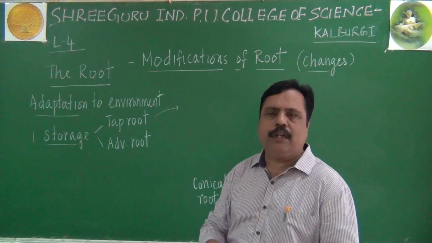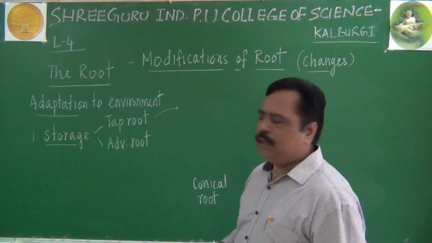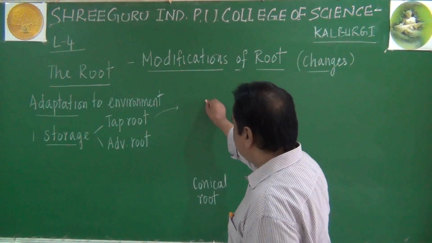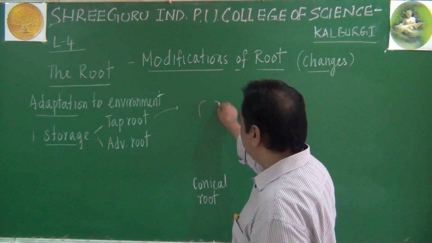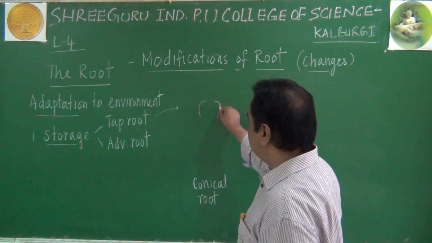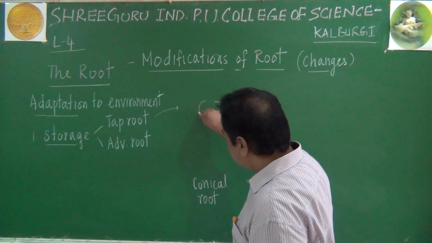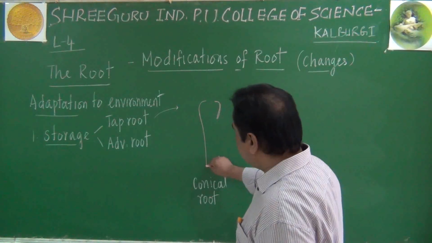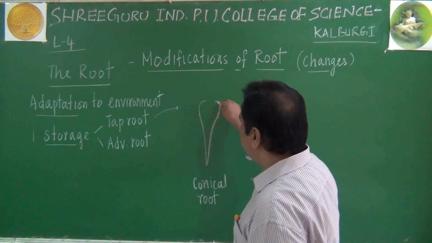What is this conical root? In such cases, the root will be bulged at the base, the base of the taproot, because of storing of food material. Later, it will undergo gradual tapering towards the tip.